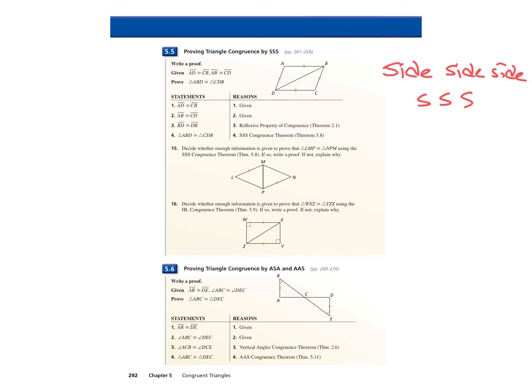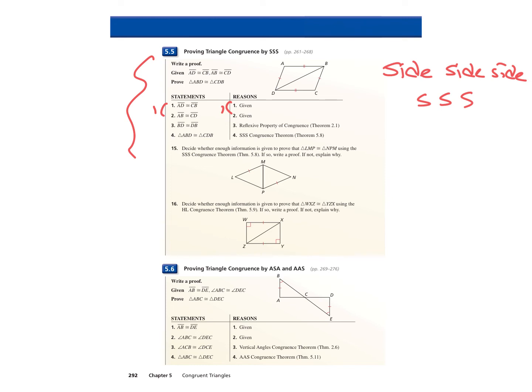Also be able to write a proof, maybe just like this one. Here, they like to state their given separately. I like to put mine all in one step. So this could have actually been a 3-step proof if you combine these two into one. You can do it either way. Pretty good on that? All right.